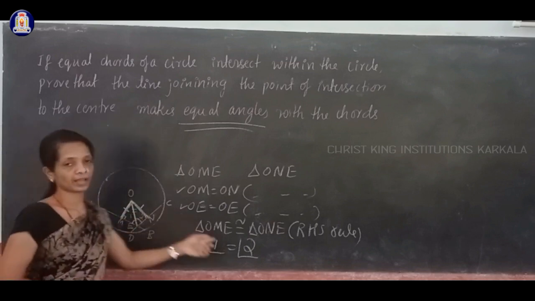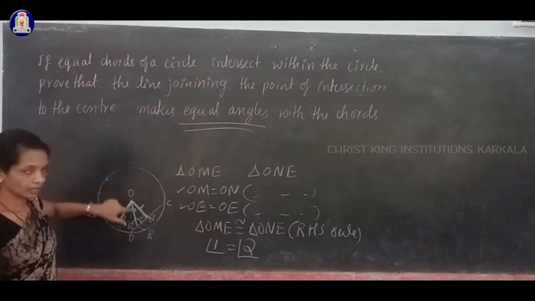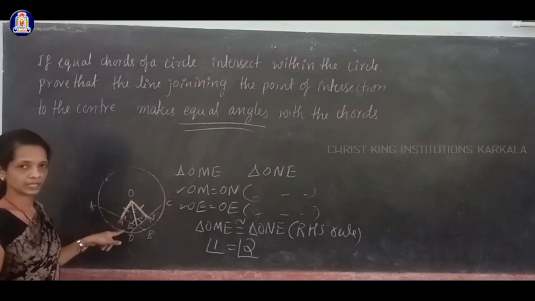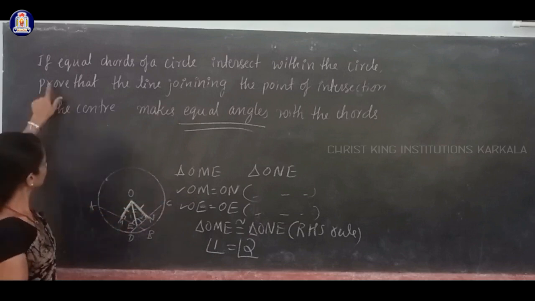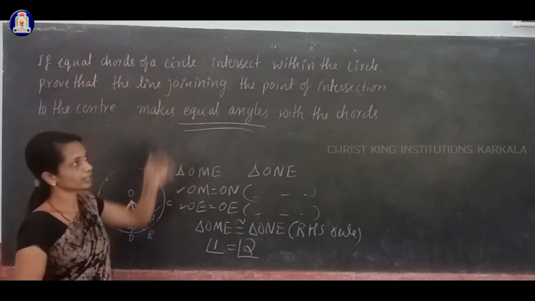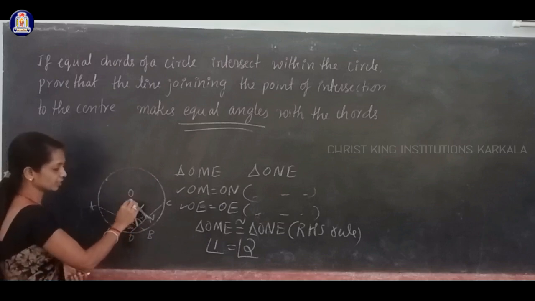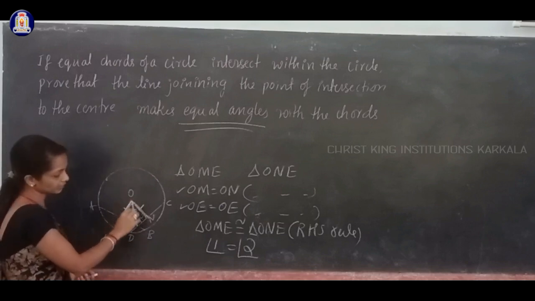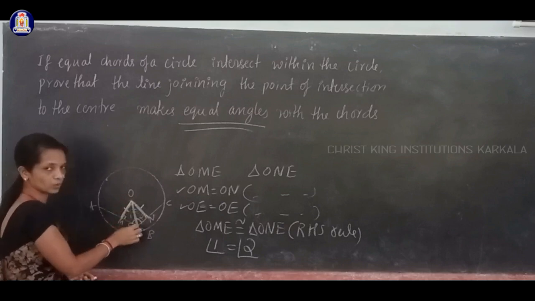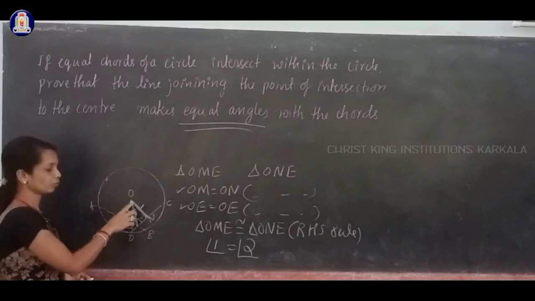Angle 1 and angle 2 are the angles made by the line OE with the chords AB and CD respectively. Okay, so that we proved. We were given to prove that the line joining the point of intersection with the center, that is OE, that is the line joining E with O. E is the point of intersection of these two equal chords, and O is the center.